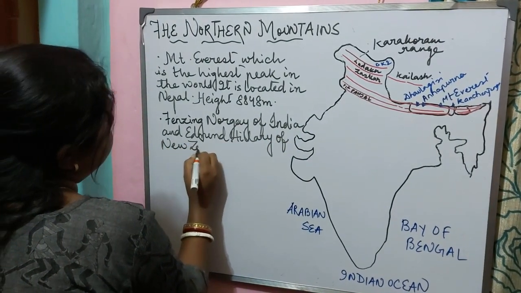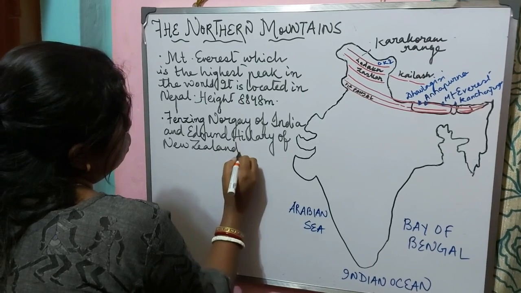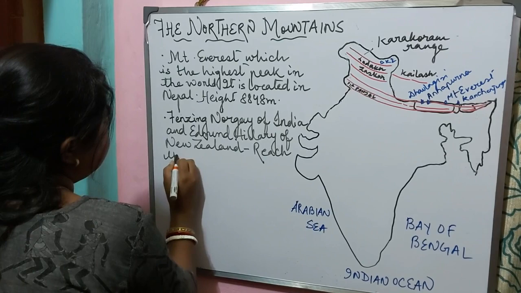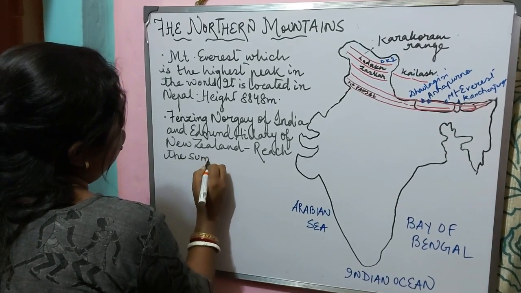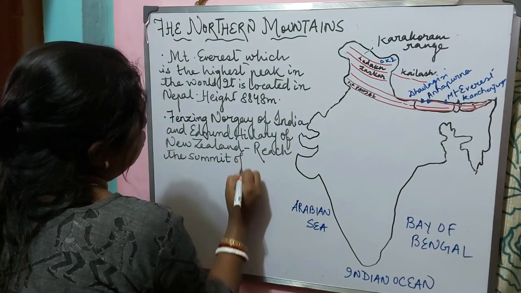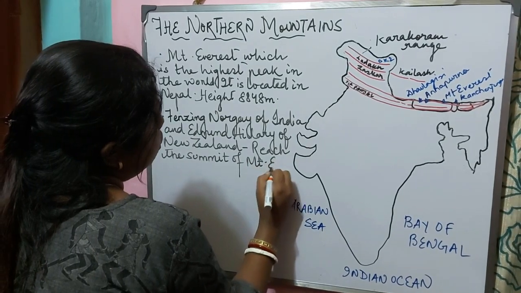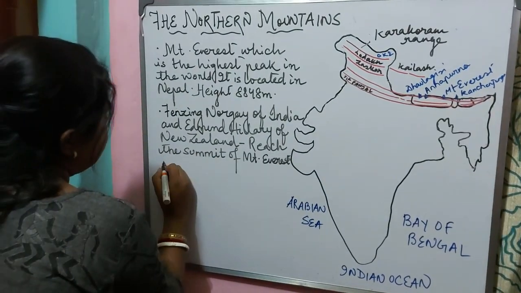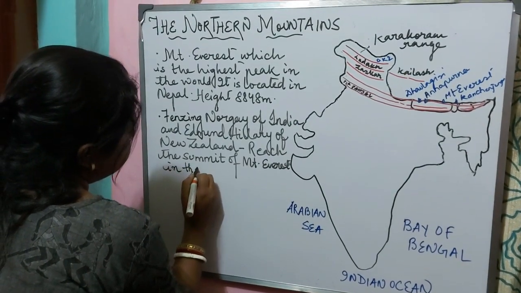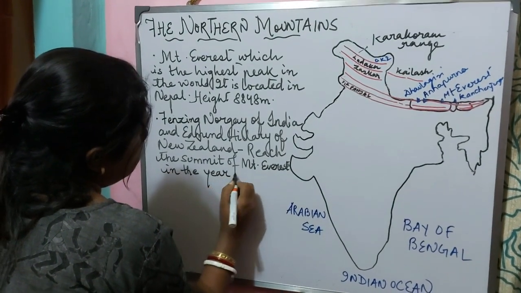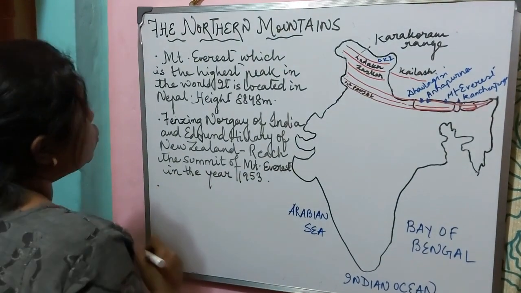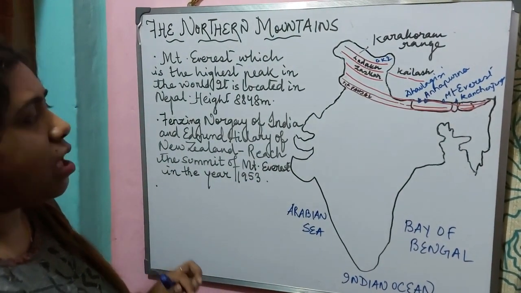They were the first to reach the summit, that means the peak of Mount Everest, which is the highest mountain in the world, in the year 1953. So Mount Everest is the highest peak in the world.